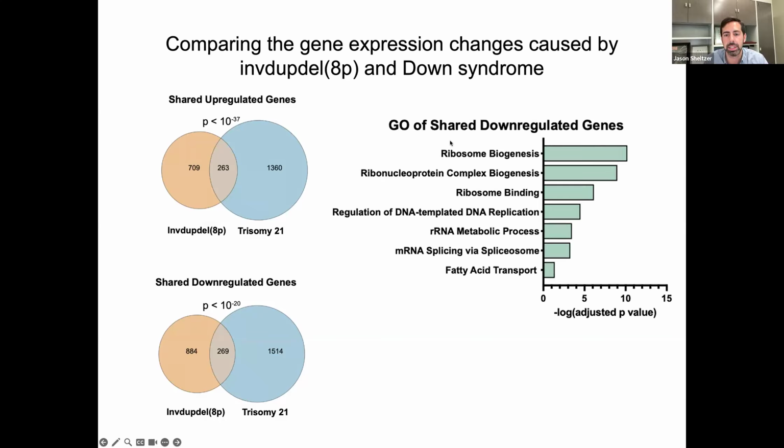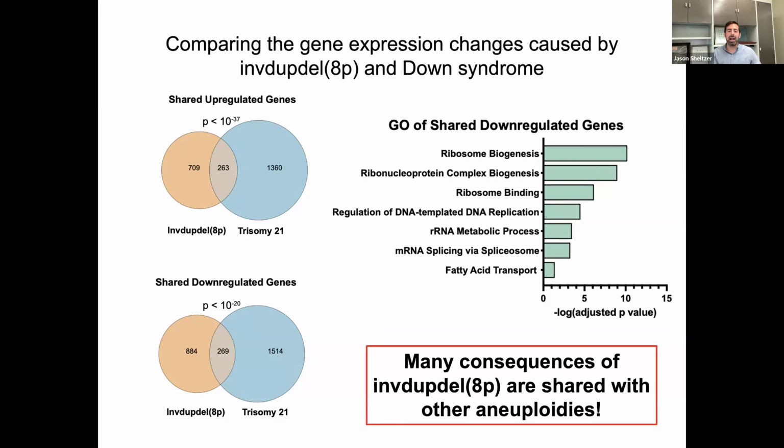Things like the production of ribosomes, which are necessary for producing protein, DNA replication, splicing, fatty acid transport. Now, we don't exactly know why these processes themselves are downregulated. We have a few hypotheses, but we haven't dove into that yet. But on a fundamental level, I think that this analysis suggests that many consequences of inversion duplication deletion 8p are shared with other aneuploidies.